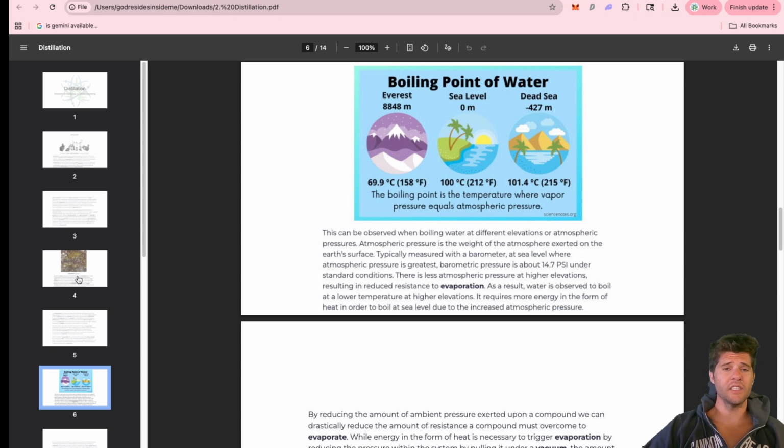You will notice as your sea level increases or decreases, you'll be able to pull a tighter or deeper vacuum than you normally would if you were under sea level. If you're in the mountains of Colorado, for instance, your vacuum pump is going to work really well because you're going to have less atmospheric pressure to deal with at higher elevations, like we just discussed.